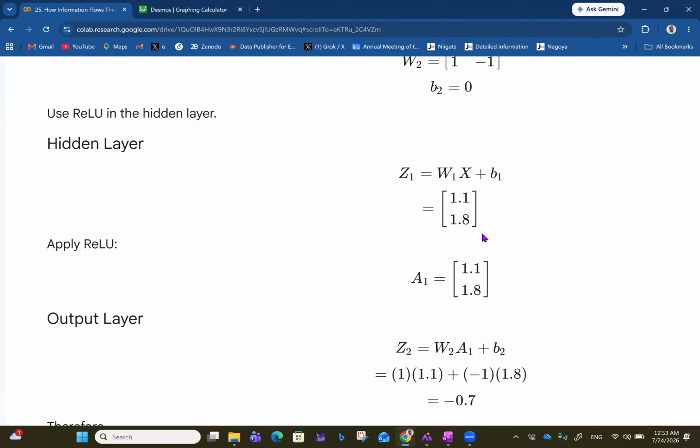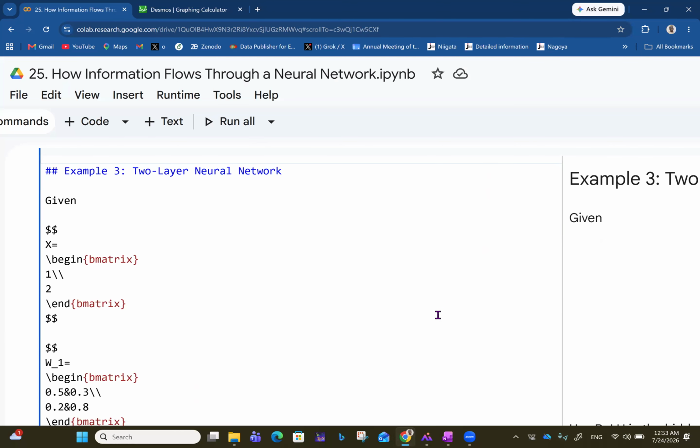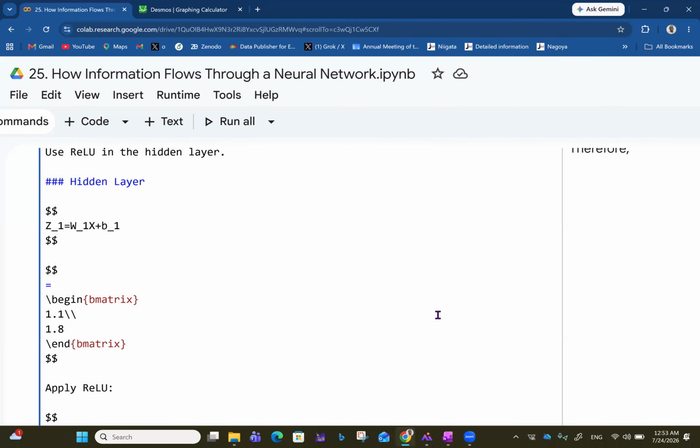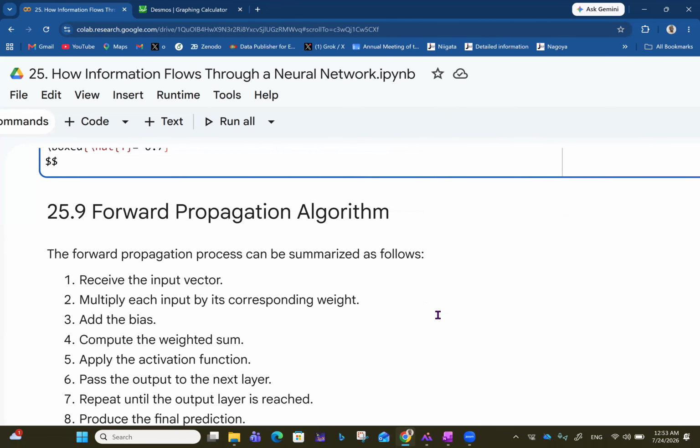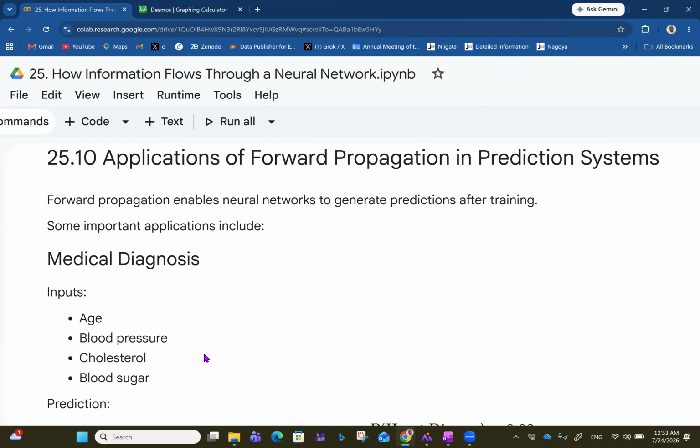So I think it's important to apply ReLU, so that at the end of the day, Y cap is the ReLU of minus 0.7, which is simply equal to 0. That'll be the final prediction in that case.